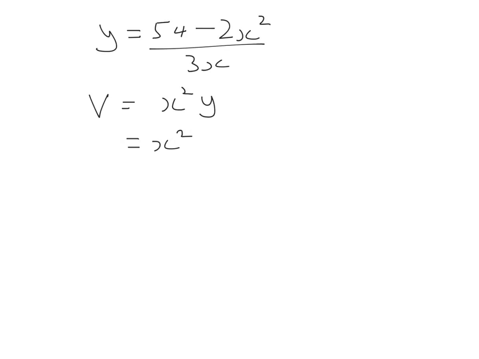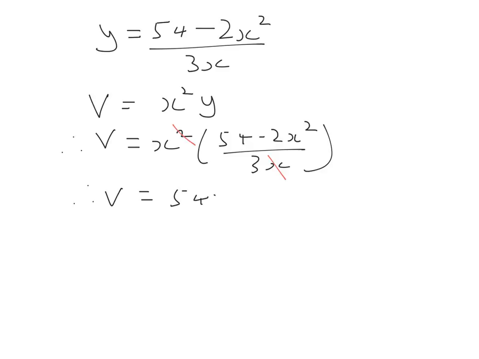But we know what y is, so it's x squared times (54 minus 2x squared) all over 3x. x squared divided by x is x, so we can write V is 54x over 3 minus 2x cubed over 3. And 54 divided by 3 is 18. So it's 18x minus 2/3 x cubed.